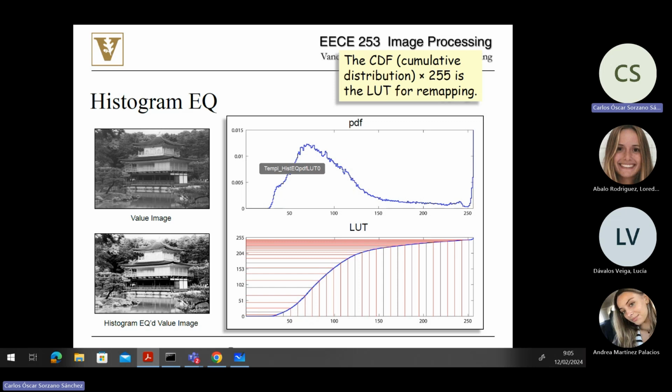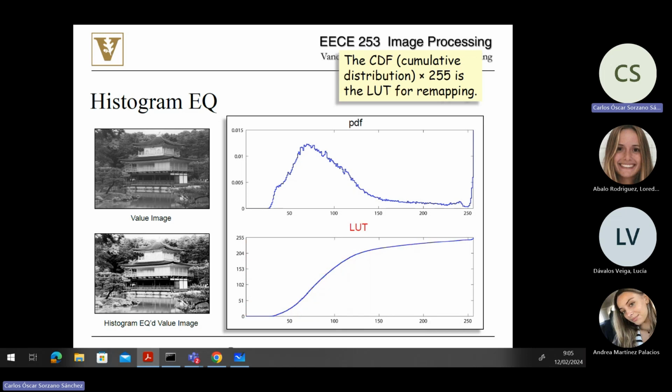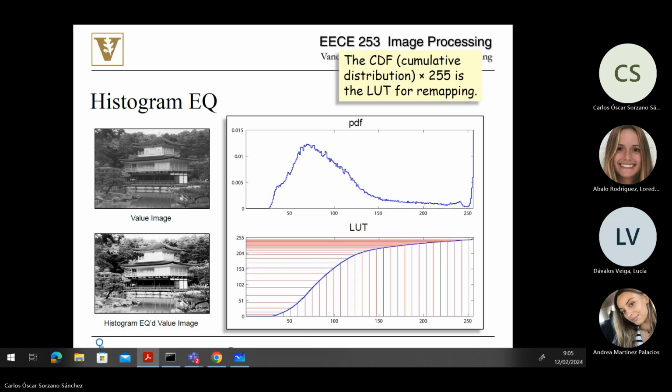So before we only had 50 values here, but now we have 125 values there, and we are spreading all those pixels. So 50 values we are spreading into 125 values, so they will be less used.